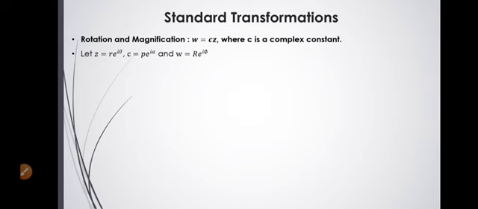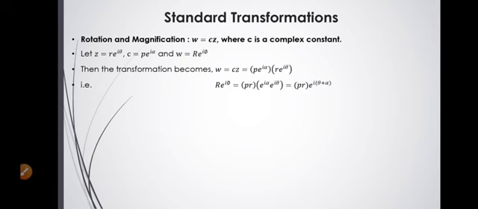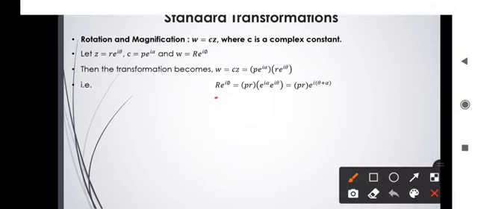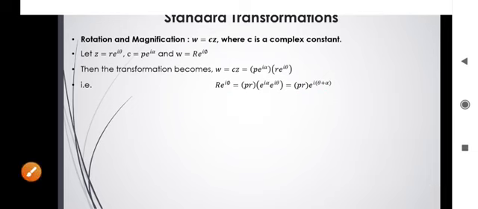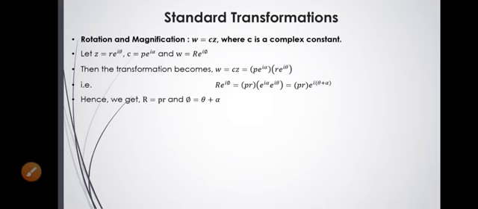So now with these values of Z, C and W, W equal to CZ becomes R e raised to i phi equal to p r into e raised to i into bracket theta plus alpha. Now comparing LHS and RHS, we get capital R equal to p r and phi equal to theta plus alpha.